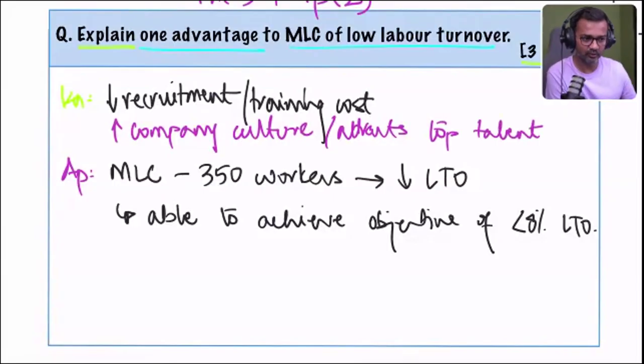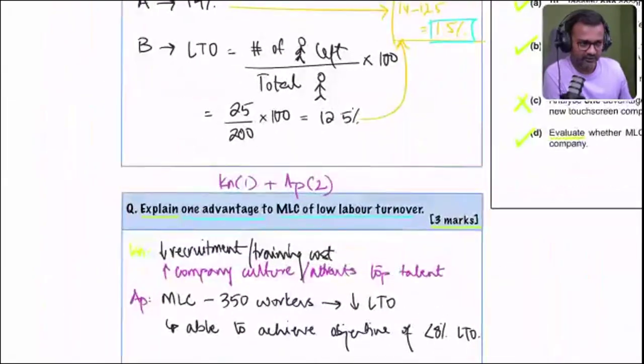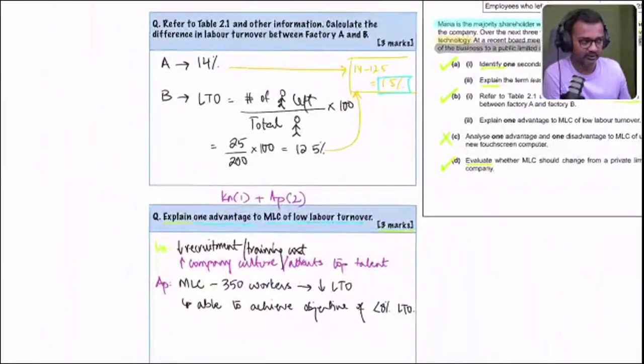And you can develop this point, then look, they can bring in the best workers who work with touchscreen computers in other companies. And that way you can have a great new product that you can sell in the upcoming years. So again, it's up to you to determine which knowledge you want to talk about, and whichever one you talk about, then you layer it out over the next 2 lines. Everybody okay with this? This part, B part one and B part two?